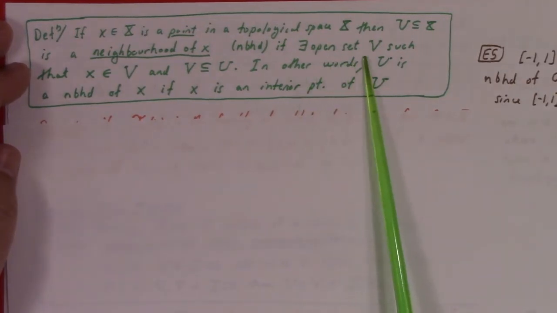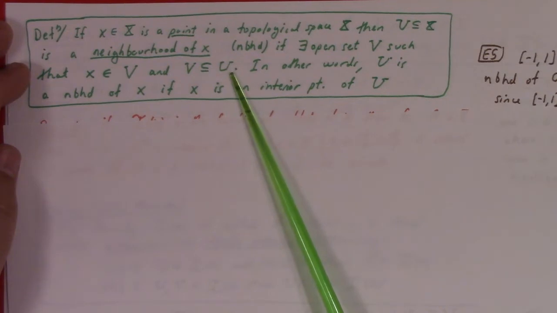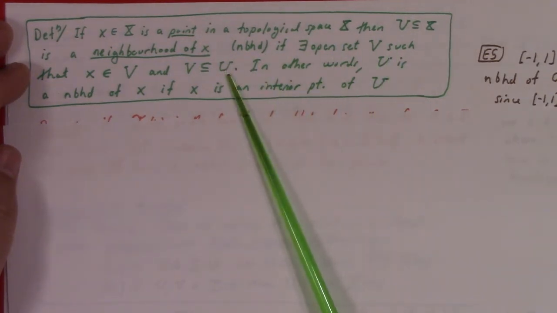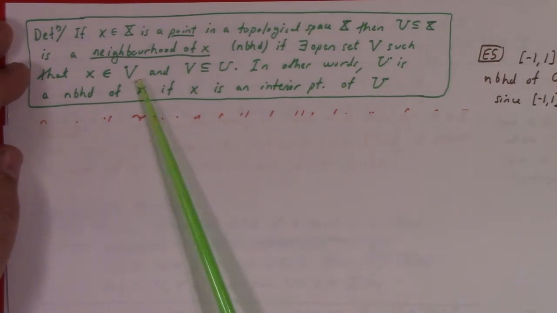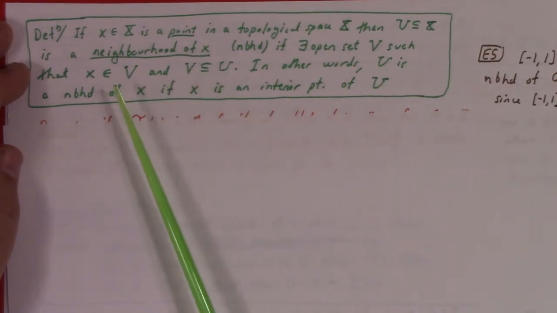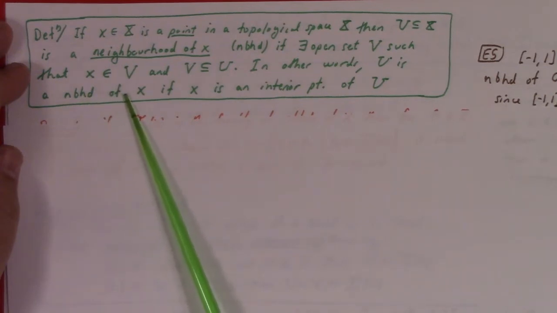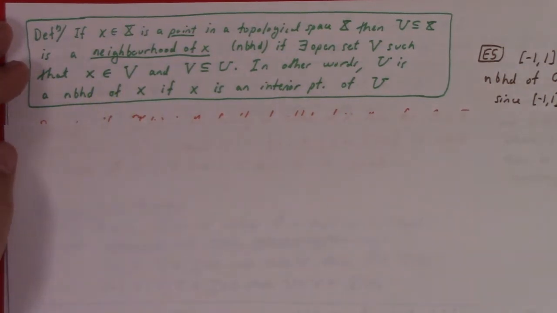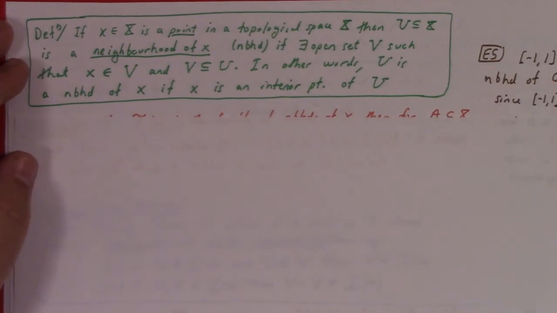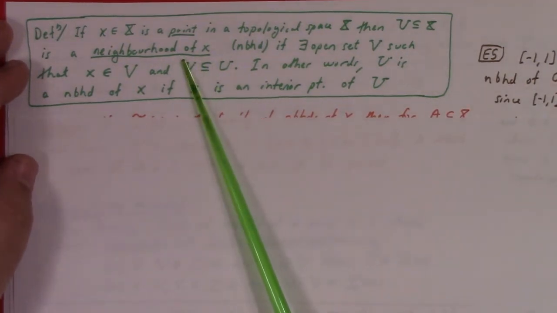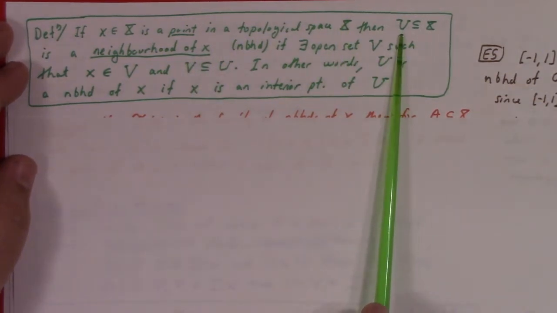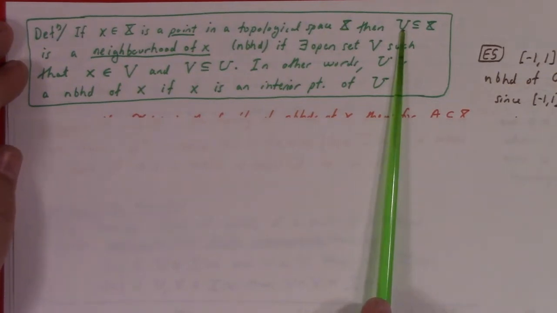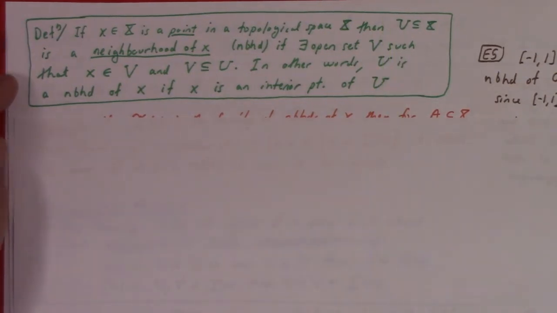So the interior of U is the union of all open sets contained in U. So of course if x is a point of V, then it's contained in the interior of U, and that means that x is a quote-unquote interior point, according to that definition we made a couple minutes ago. But anyway, a neighborhood doesn't have to be open. This definition allows U to be any old set. It could be an open set, but it doesn't have to be, all right?